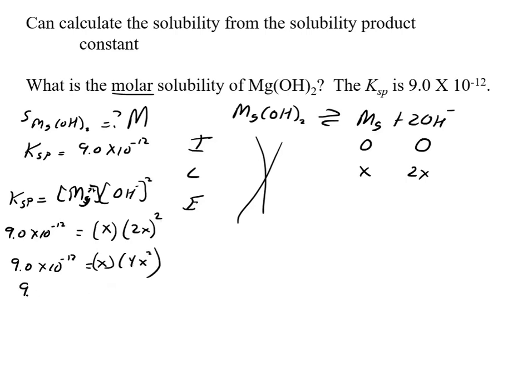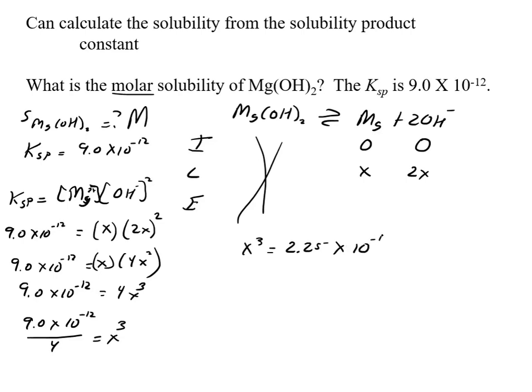So it's going to be 9.0 times 10 to the minus 12 is equal to 4x cubed. I divide both sides by the 4. So x cubed is equal to 2.25 times 10 to the minus 12.